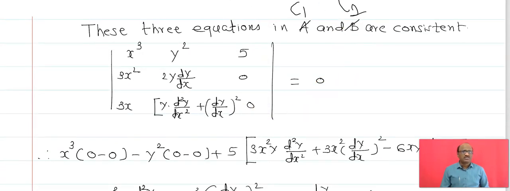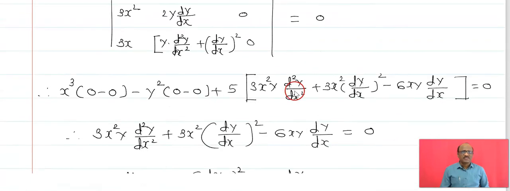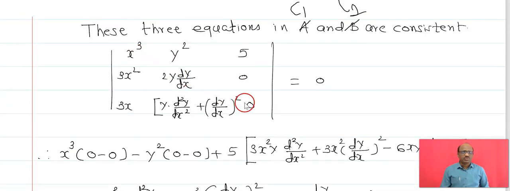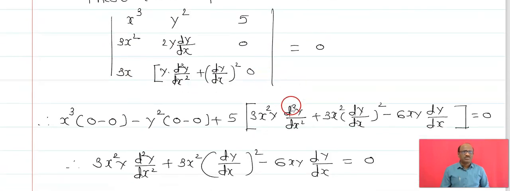Now solve this determinant. For x cube, the product of these two will be 0. For y square, again the product of these two will be 0. The last term will be 5 in bracket, the product of 3x square into (y into d2y by dx square plus (dy by dx) whole square), and next is minus 3x into 2y dy by dx, that is minus 6xy into dy by dx, equals 0.